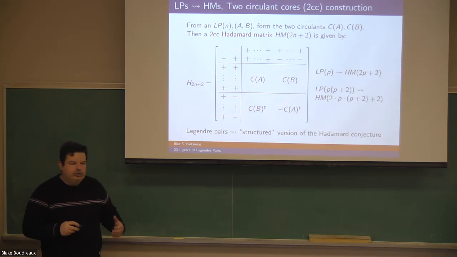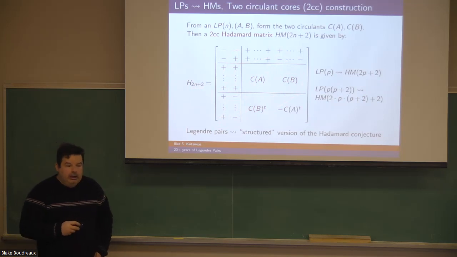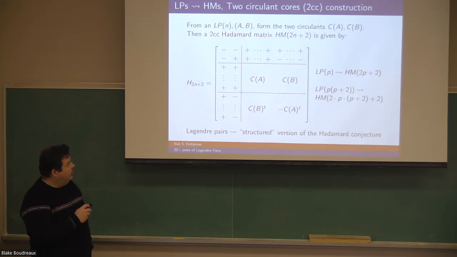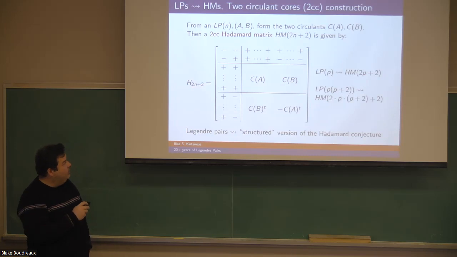Why do you do that? Because you need to get the orthogonality condition of Hadamard matrices. And it turns out that this matrix, which is of order 2n plus 2, is a Hadamard matrix. That means if you take the product with its transpose, you will find 2n plus 2 times the unit matrix.